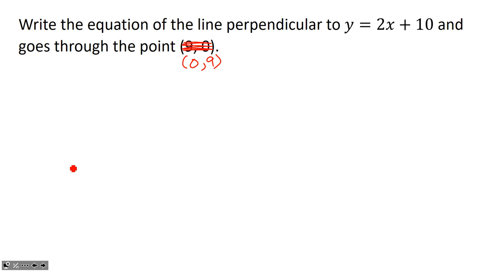The slope of this line is 2. Remember, perpendicular slopes are opposite reciprocals. So for my perpendicular slope, I make this 2/1, flip the fraction to make it 1/2, and change the sign. It was positive to begin with, so I need to make it negative.